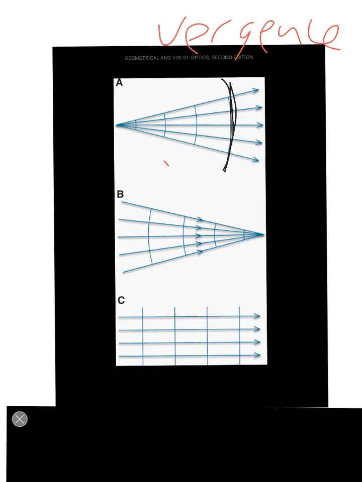So for example, if you have an object that's 1 meter away, you will have 1 diopter, 1 divided by 1 in air. So the vergence of this black curve will be 1 diopter if the object is 1 meter away.